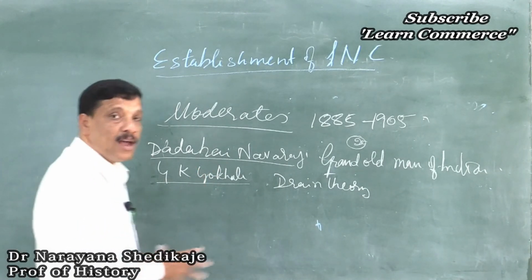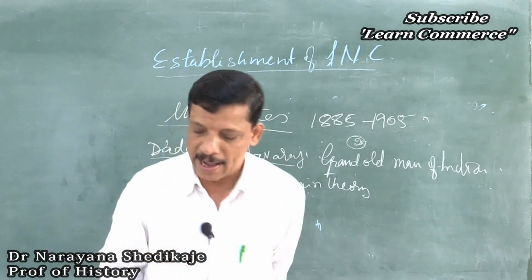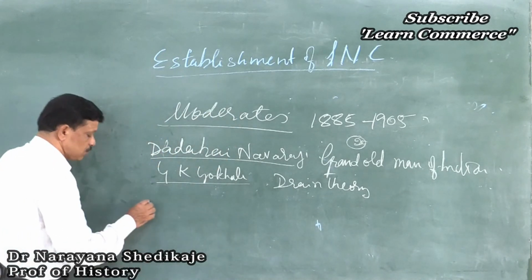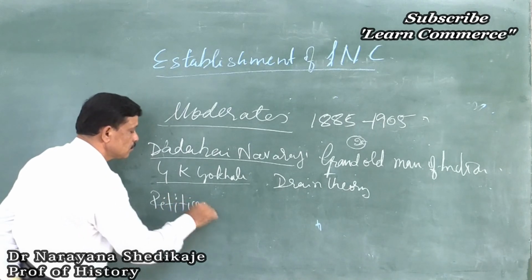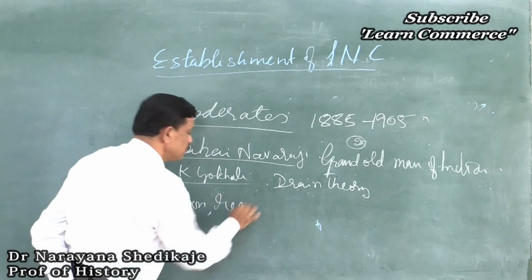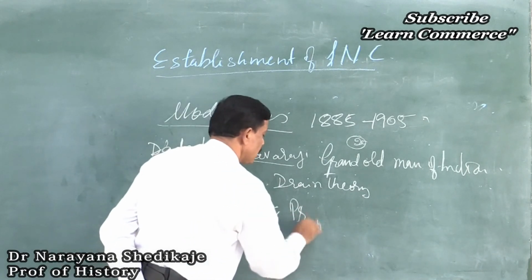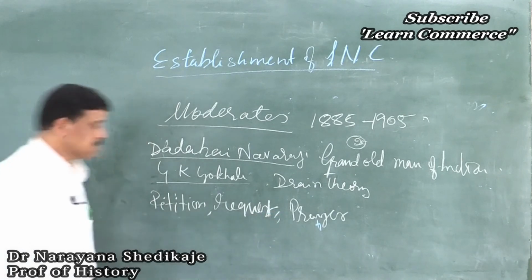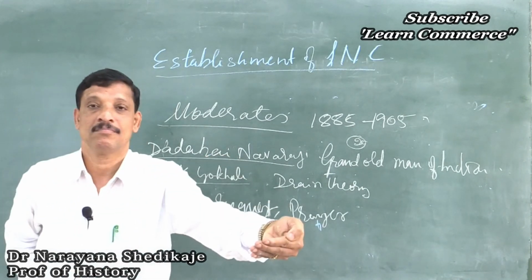But what was the methodology used by the moderates? Their methodologies were petition, request, and prayer. They just requested and gave petitions.